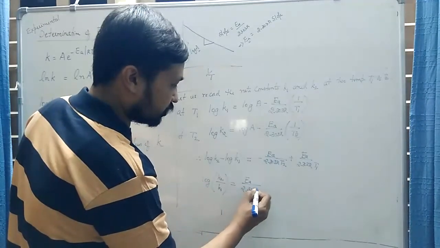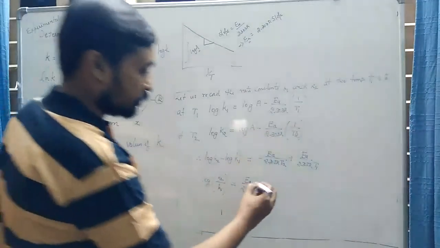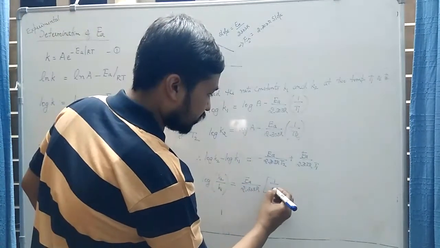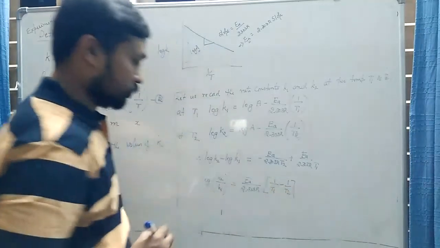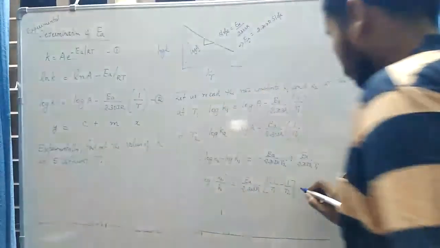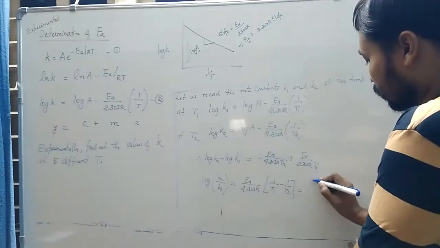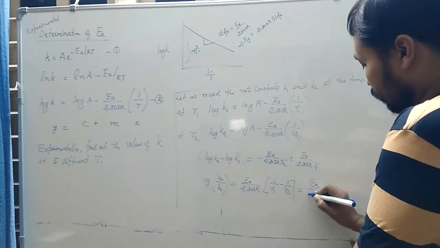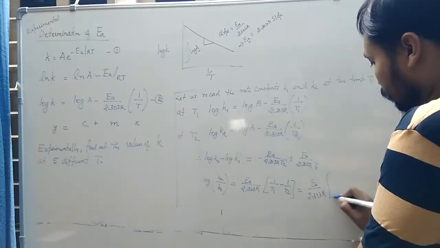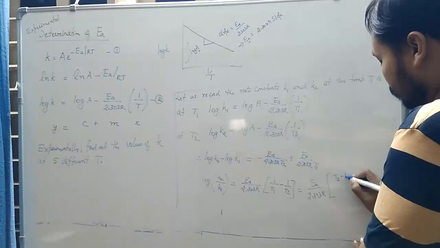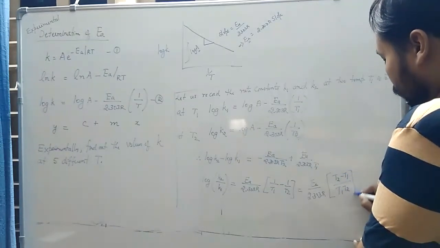is equal to, let us remove the similar terms, EA divided by 2.303 R is the common term, into 1 by T1 minus 1 by T2. Or if I take common denominator, you get EA divided by 2.303 R into T2 minus T1 divided by T1 into T2.